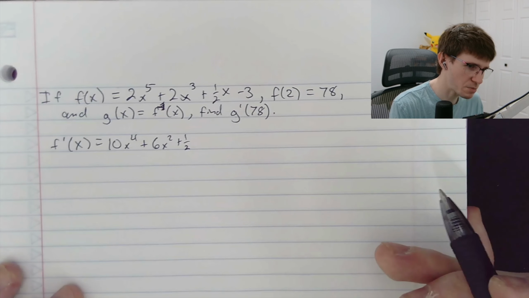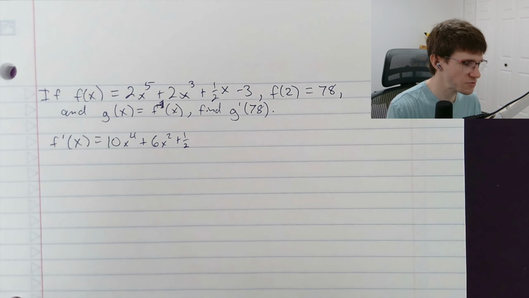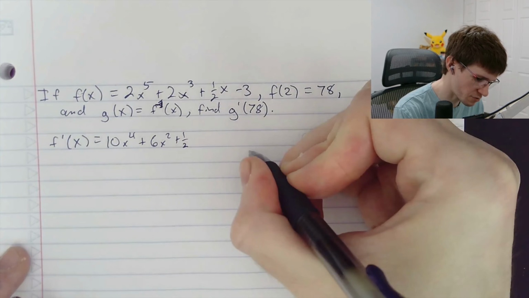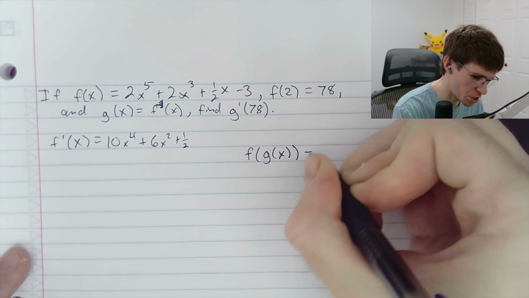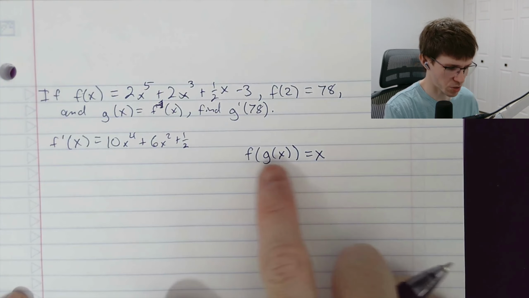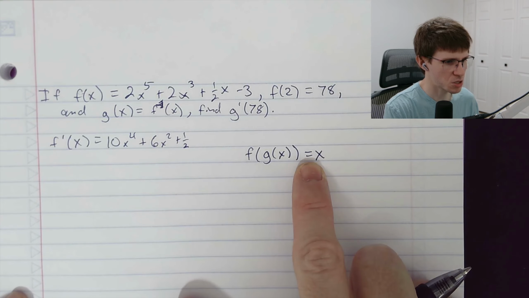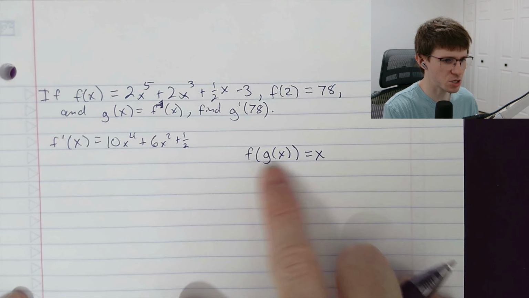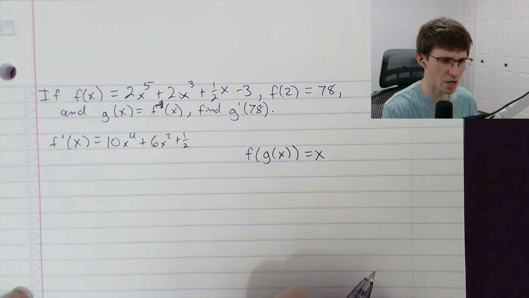In order to make this happen, we're going to start off by recalling that our definition of an inverse is the fact that the inverse undoes the function. Because the inverse undoes the function, we say that f of g of x is equal to x here. So the inverse is just undoing it. If you do both functions to x, you just get x back out.